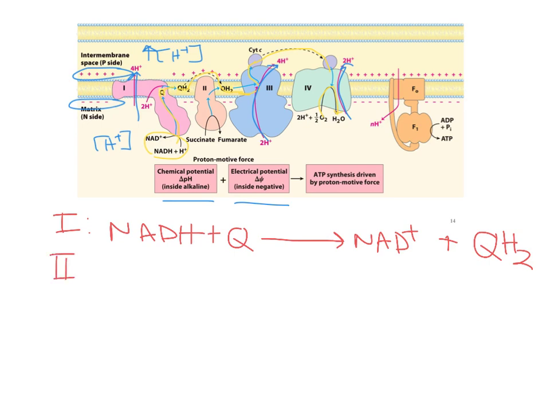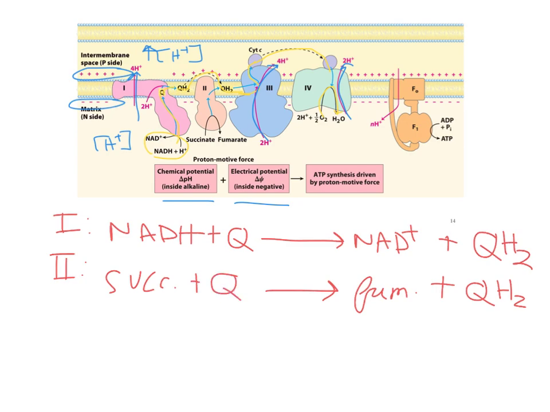Complex 2, we start with succinate, and that gets oxidized to fumarate. And again, the electrons are passed to a QH2, which means that we have to add the Q.